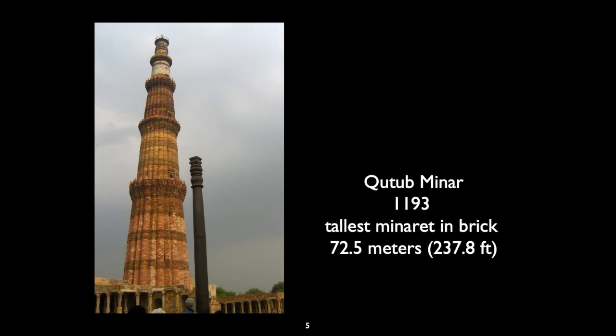But in this case, the height and the majesty of the tower was again a symbol of the royal power and privilege of the Delhi Sultanate. You've seen a couple pictures now of this iron pillar that resides in the center of the courtyard of the Quwat al-Islam Mosque. Let's talk about this iron pillar.